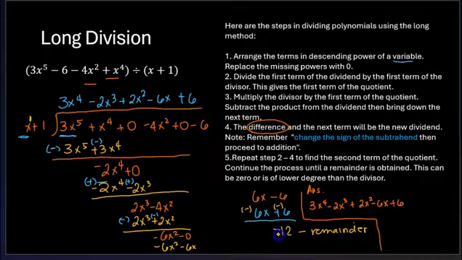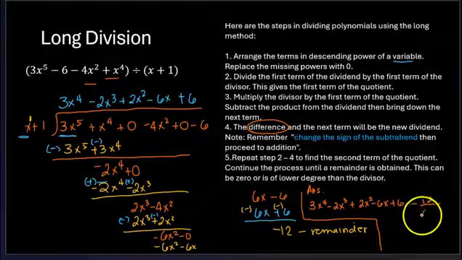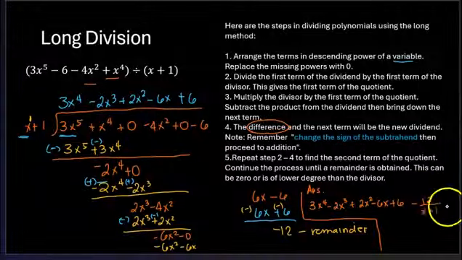How do you write the remainder? So it's the remainder over the divisor. So it's just not minus 12, no? So that's wrong. You have to have a fraction. So this is how you write the remainder properly.